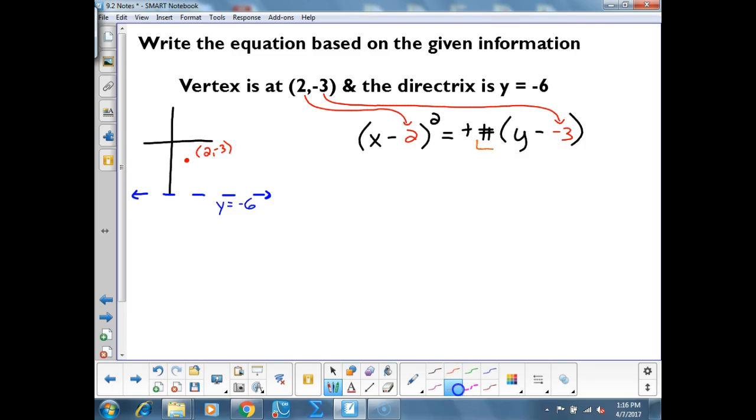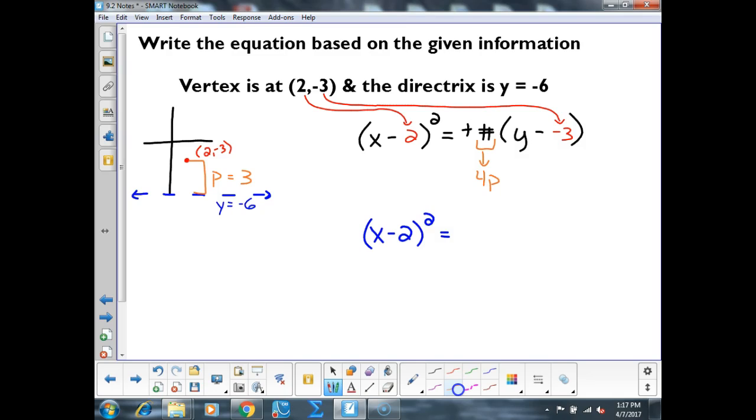This number here is for P, correct? What's P? It's 3. It's the distance from the vertex to the directrix, which is 3. So my equation then is x minus 2 quantity squared is equal to 12 times the quantity y plus 3.